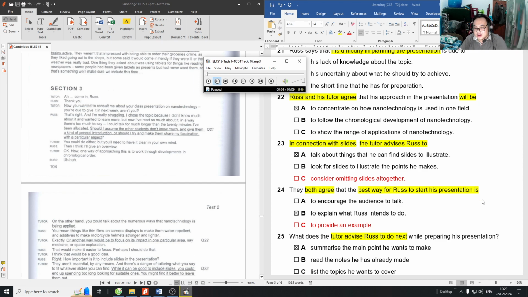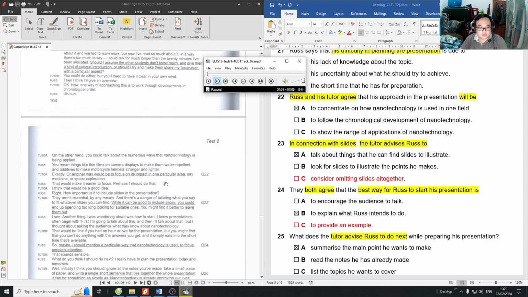In connection with the slides, the tutor advised us to... The thing with section number 3 is I completely understand the conversation between Russ and his tutor, but I cannot comprehend all the meaning quickly enough.